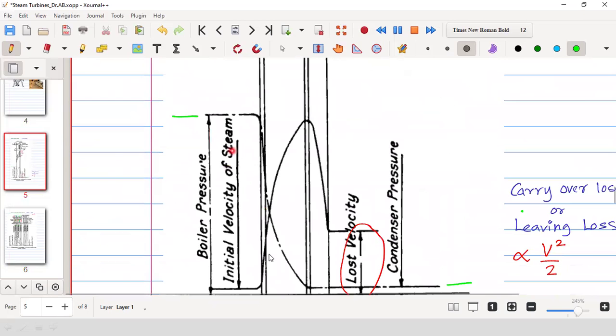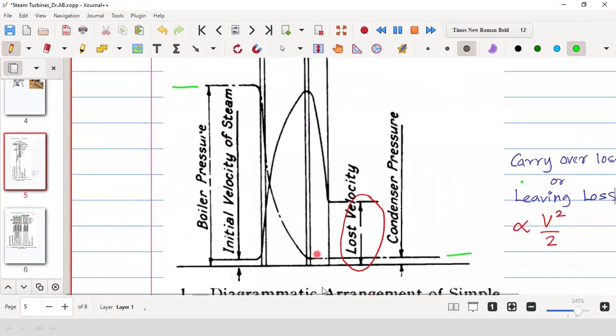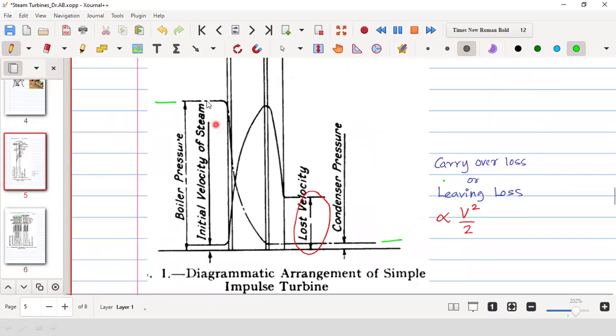This is the most critical or pivotal diagram, the simple impulse turbine. You see, in the simple impulse turbine, in one stage only there is a pressure reduction and velocity increase, and after that in the moving blade there is velocity decrease due to the momentum transfer to the blade, and after that it is a loss.